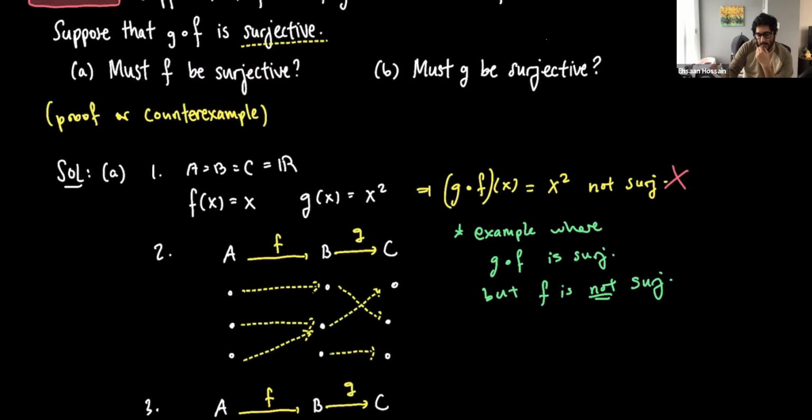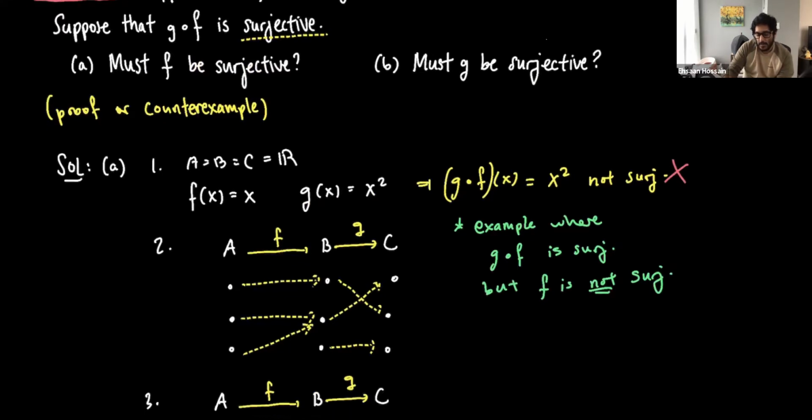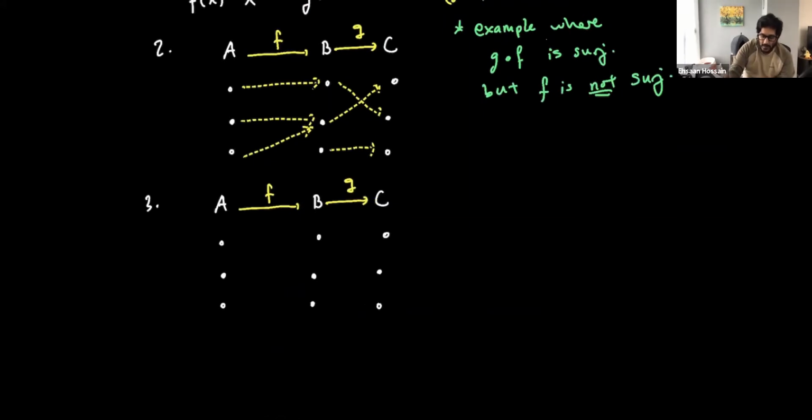Let's see. Oh no, I think it should be possible, but we have to pick the right points here. Take 1 out of C. Okay. Nice. Exactly. That's going to work, Ishav. Exactly.